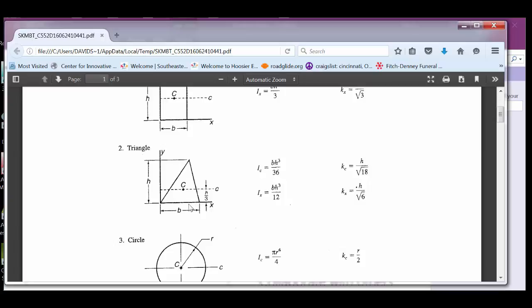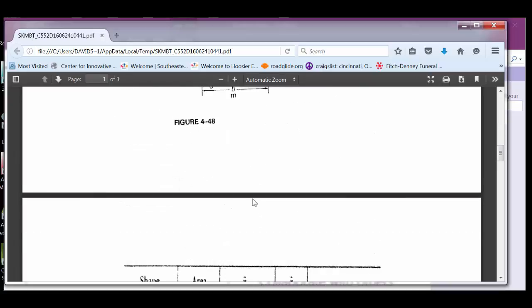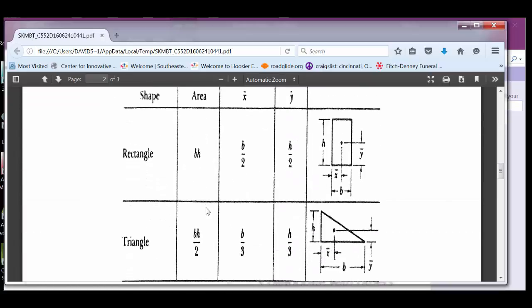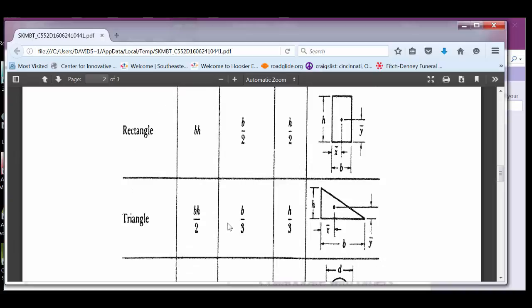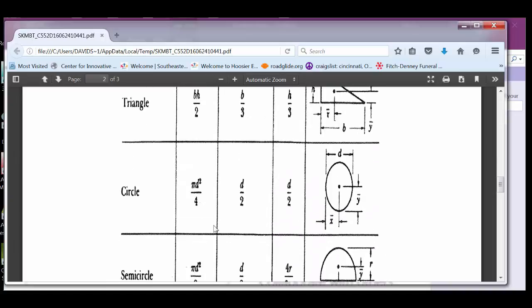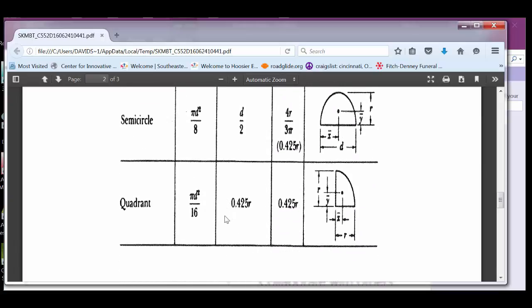So that's what you're looking at when you're looking at the center of gravity or the centroid. This page will be how we'll calculate all those. So we're looking at the area, base times the height for a rectangle, triangle, base times the height cubed, circle, pi d squared over 4, and semicircle, and so on.